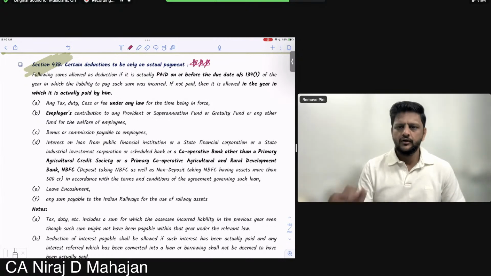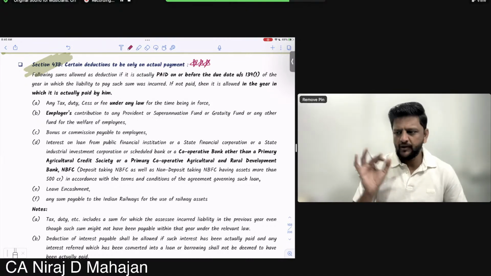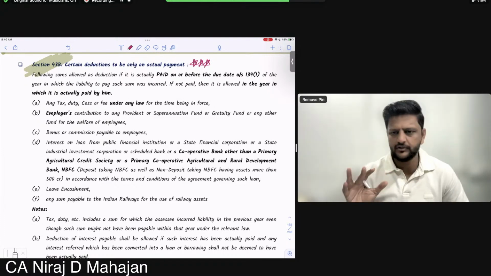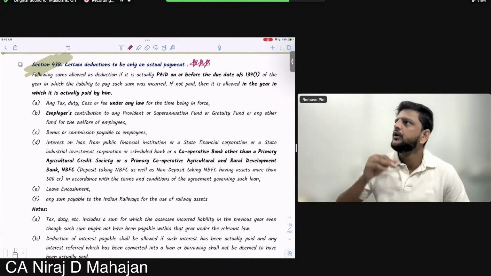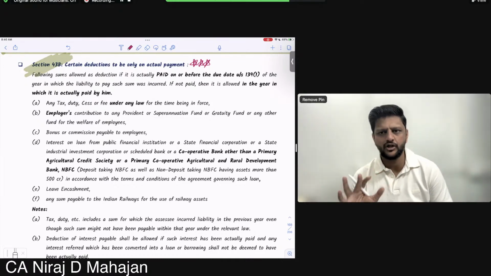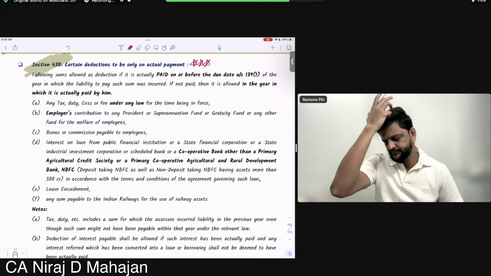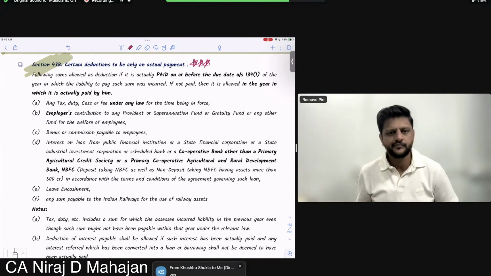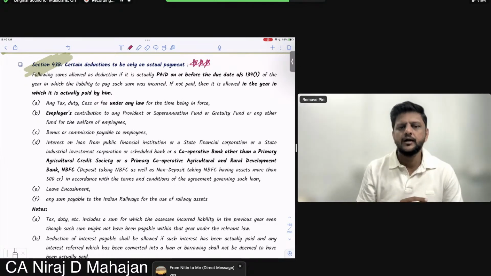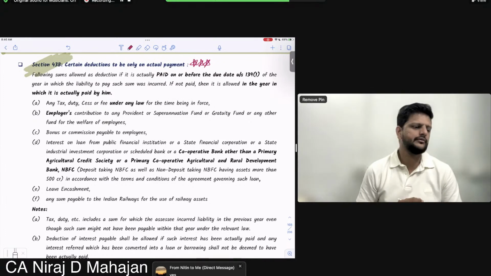Fine. So now please pay attention. For the month of March, let us say I see what, bachcho? Salary payable or bonus payable or commission payable or provident fund payable for the month of March. Agreed everybody? Okay. So I see this item in P&L debit. I will not get the deduction.